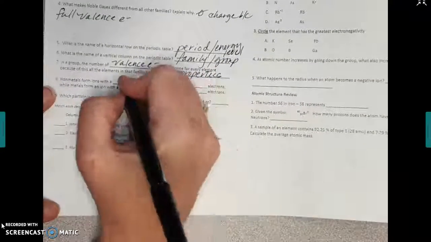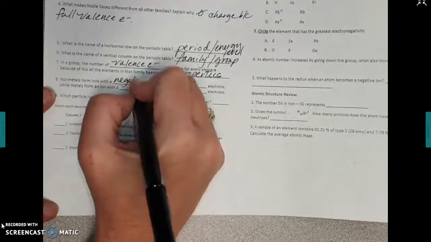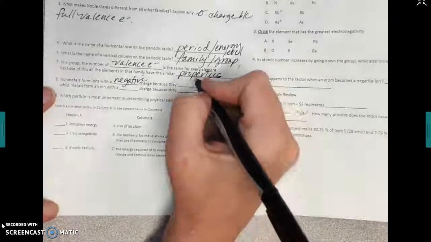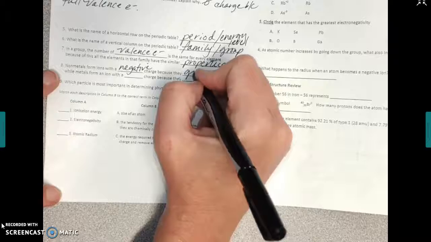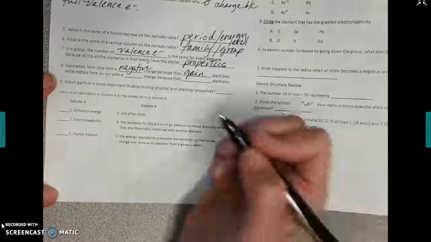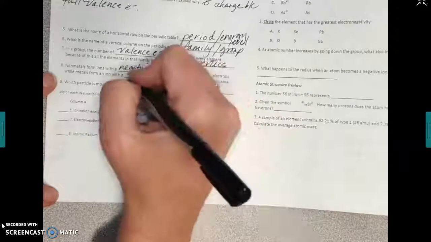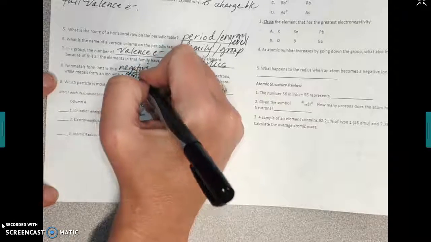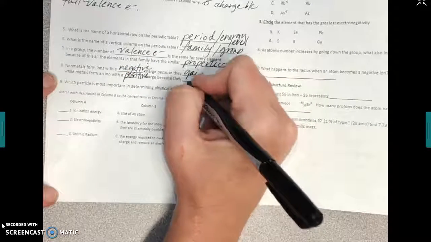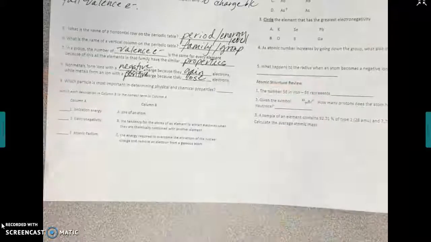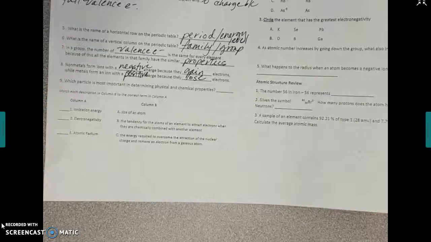Nonmetals form ions with a negative charge because they gain or lose? They gain electrons, while metals form an ion with a positive charge, and they lose electrons. Which particle is most important in determining physical and chemical properties?